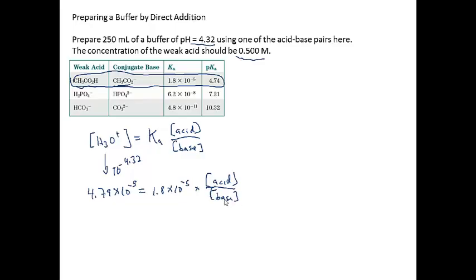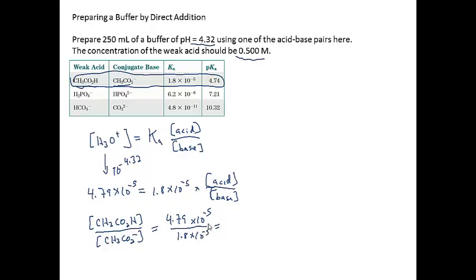And we're looking for the ratio of acid to base, so we will actually write in formulas now. CH3CO2H, that's our weak acid, over CH3CO2 minus, that's our base. That's going to equal 4.79 times 10 to the minus 5 divided by 1.8 times 10 to the minus 5.